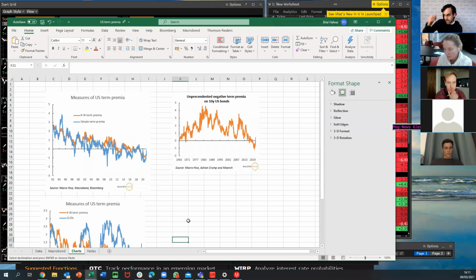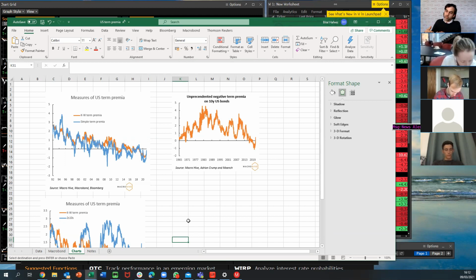The way people calculate term premium over time is that you can do what's called affine modeling, where you use all the different parts of the curve and run some kind of principal component analysis on it. And then from that, you can derive where you think term premium is.